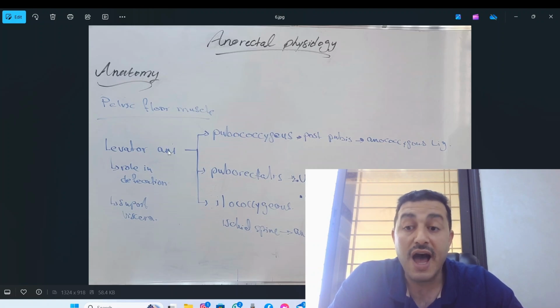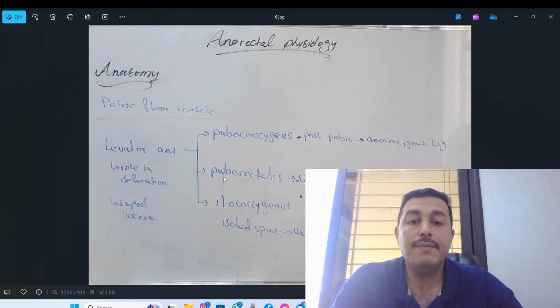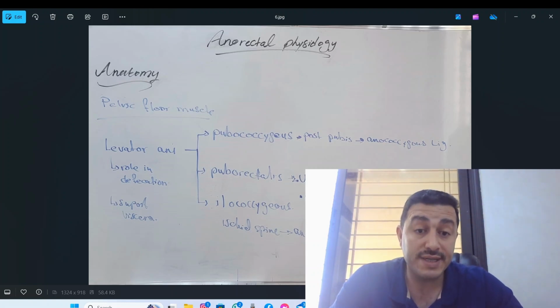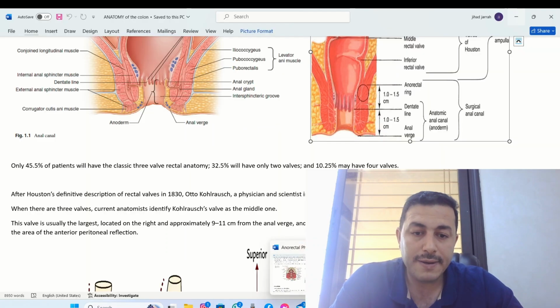Here, the levator ani muscle is divided into three muscles, the puborectalis being U shaped. Here we have the anorectal junction or the anorectal ring. It's palpable on digital rectal exam, and the iliococcygeus.